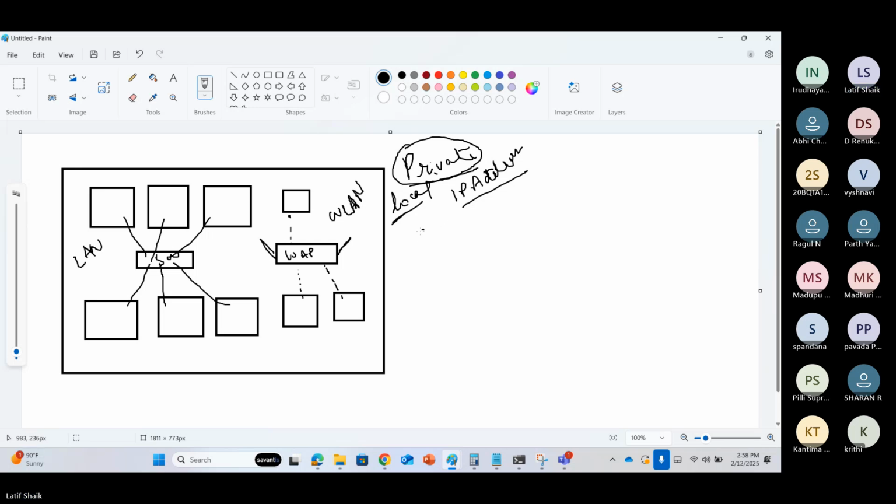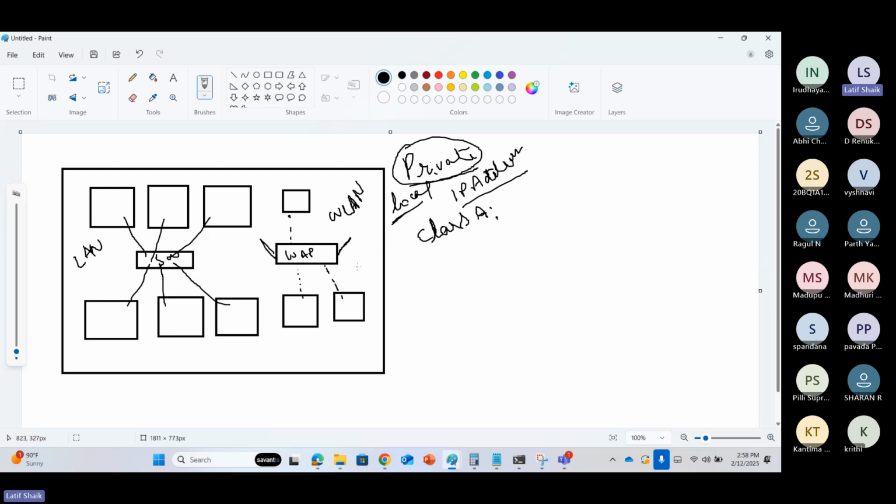That is called private IPs. Private IP addresses can be used by any person or any organization in their network without license, registration or payment. But these IP addresses are non-routable in public.